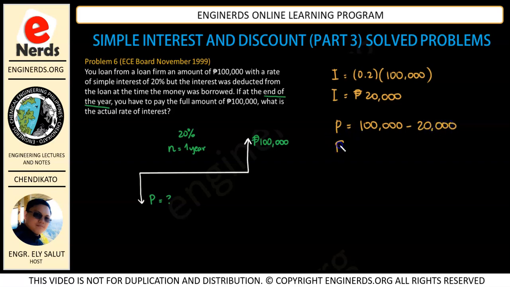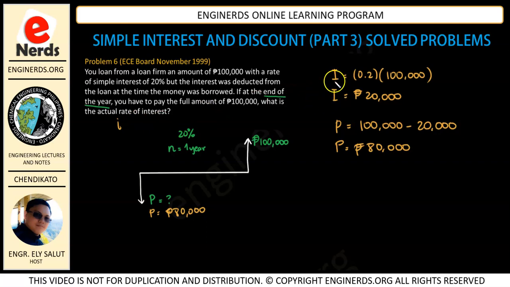Therefore, our P is equal to 80,000 pesos. Okay, so ang pinahanap sa atin, what is the actual rate of interest? So yan ang kailangan natin makuha, yung ating actual rate of interest, which is I.